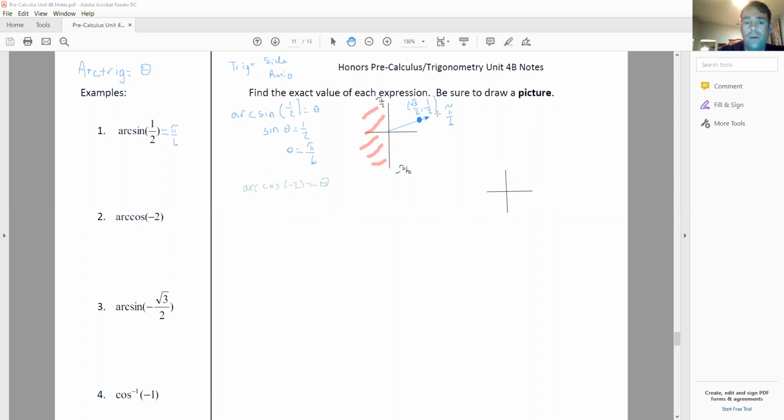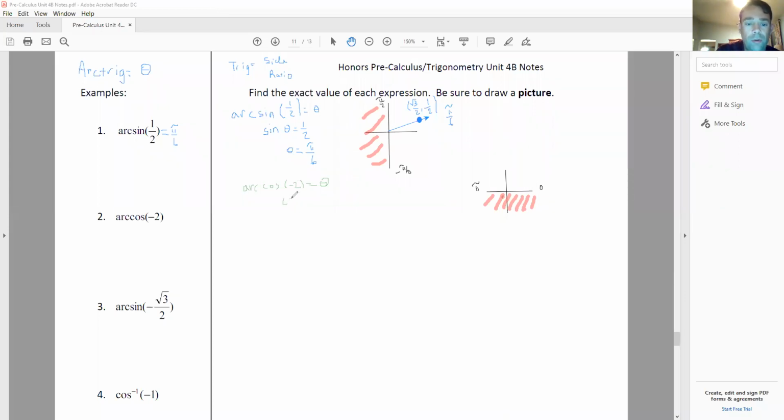If I'm dealing with arc cosine, that's going to go from 0 to pi. In other words, I am not dealing with quadrants 3 and 4. So I'm going to literally shade them out to tell myself, don't go there.